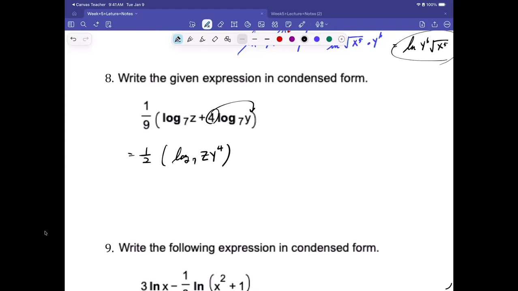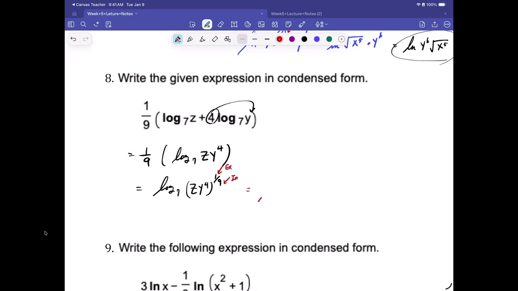And then bring to the square. Oh, this is 9, sorry. Well, like I said, exponent divided by index.